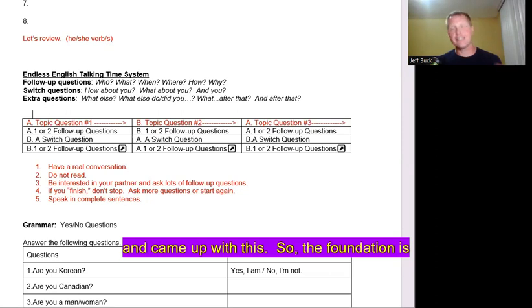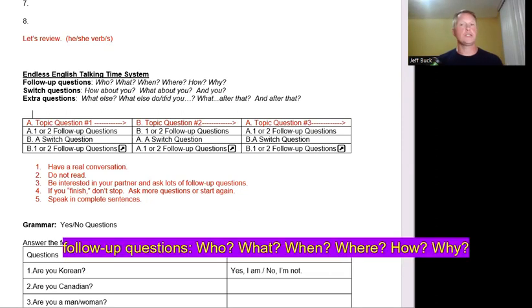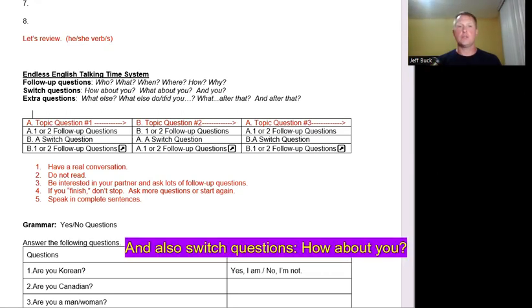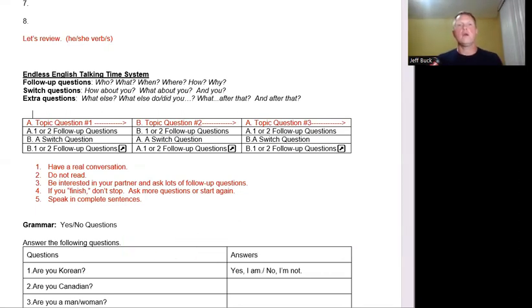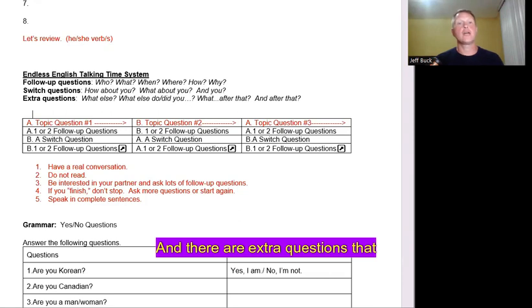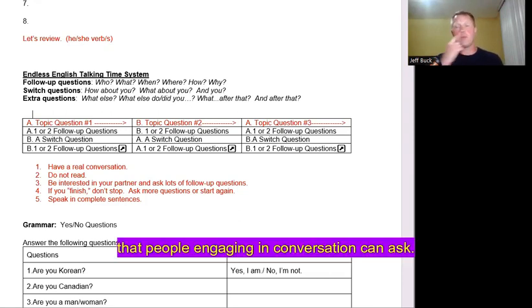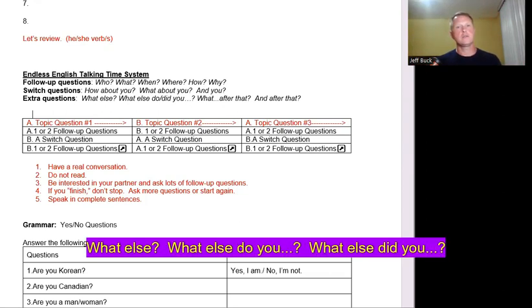So the foundation is follow-up questions: who, what, when, where, how, why. And also switch questions. How about you? What about you? And there are extra questions that people engaging in conversation can ask. What else do you?